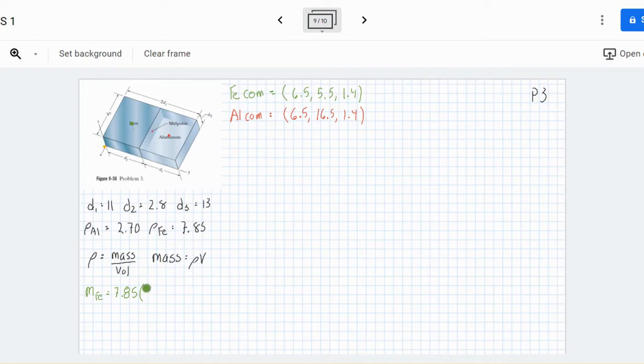So I'm going to say the length is 11 times 2.8 times 13. Put that in my handy dandy calculator.